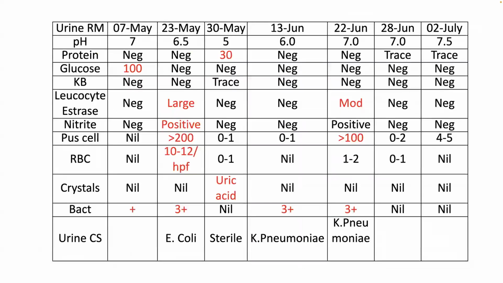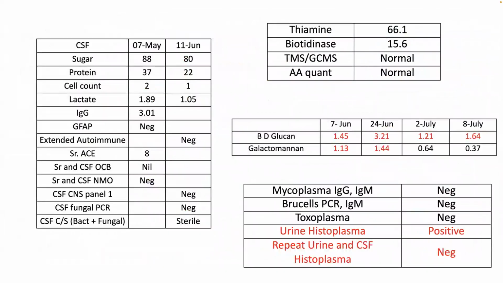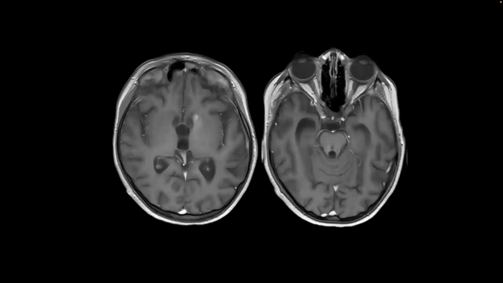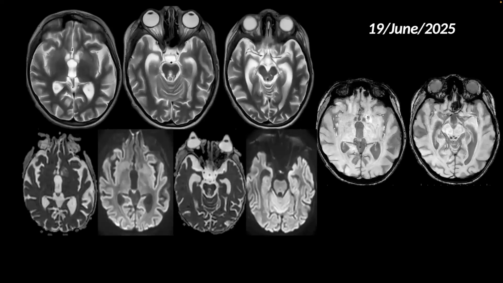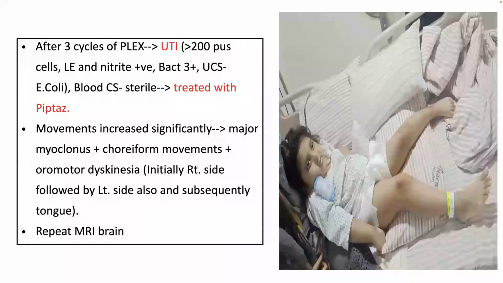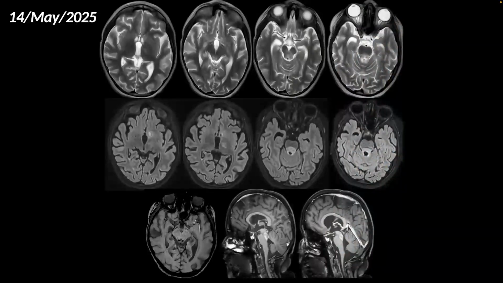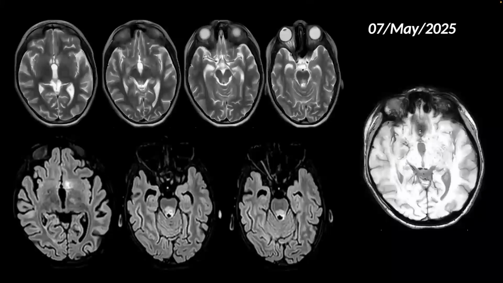So basically, we've got no markers which are positive. We went into a travel history to see if there was any infection that she could have caught from the local place. Nothing there. We've got a progressive movement disorder coming out of a very small lesion on the left caudate and the brainstem lesion.